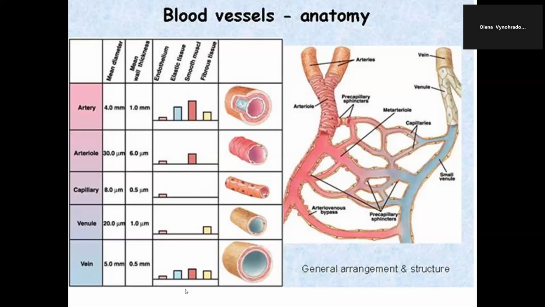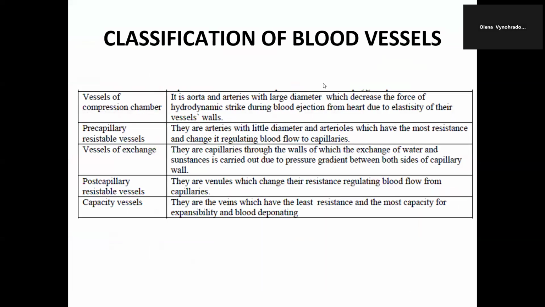Veins do not have such a high quantity of smooth muscle layers, but they are elastic. In the capillaries, we have no elastic tissue and no smooth muscles, only endothelial cells. That's why only in capillaries can we have exchange of fluids and exchange of gases.